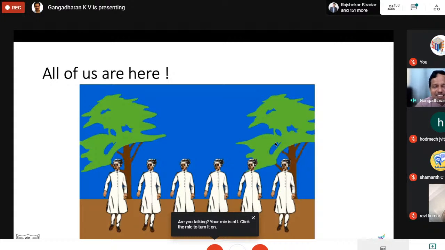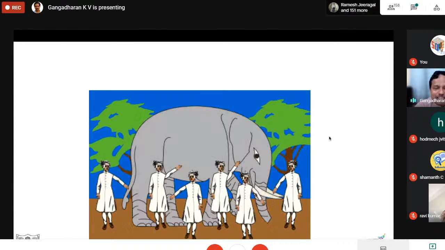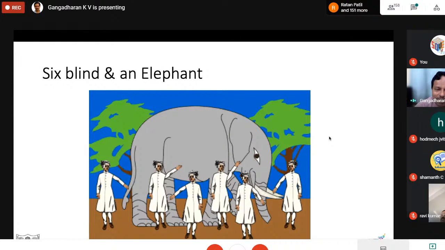All of us are here, ready to be doing what we are supposed to do. And after we do what we are supposed to do, the students look at all the subjects, touch and feel, and finally it becomes the six blind men and the elephant story. Because each one of us goes to the class and makes sure that we deliver what we are supposed to deliver.